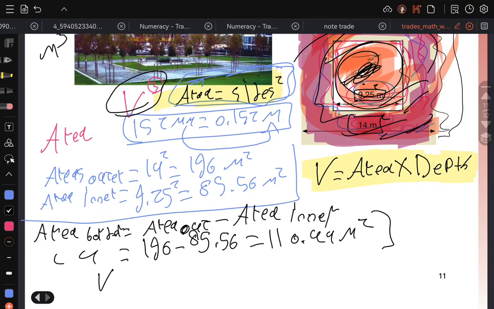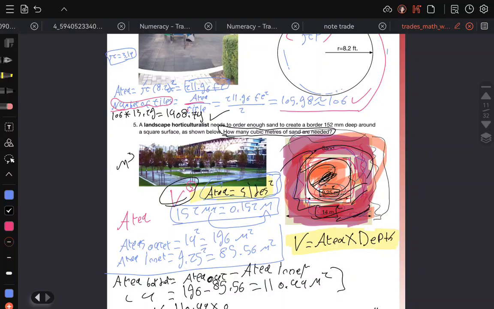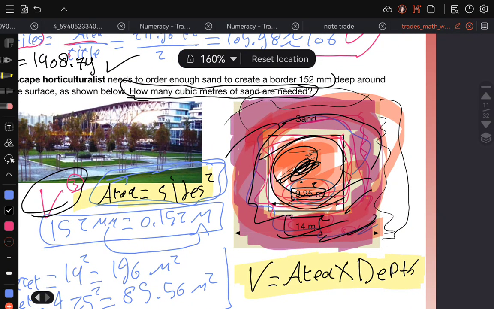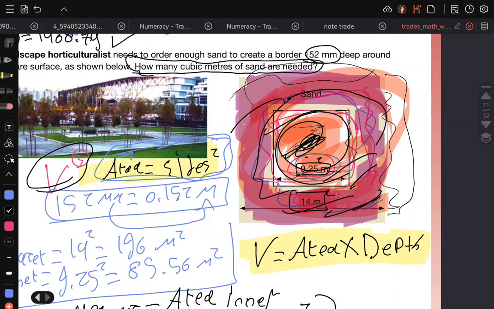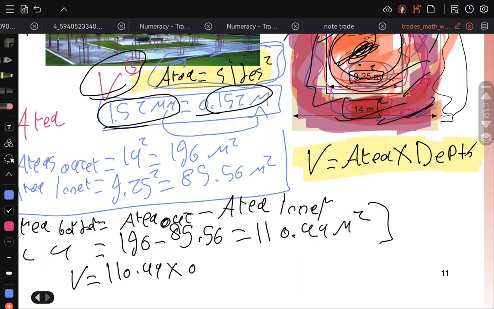Now let's fill in the volume of the sand: the area of the border, 110.44, multiplied by the depth. Of course you know that they gave us the depth here, and we did convert it from millimeter to meter. 0.152.